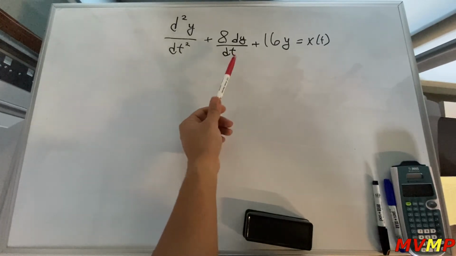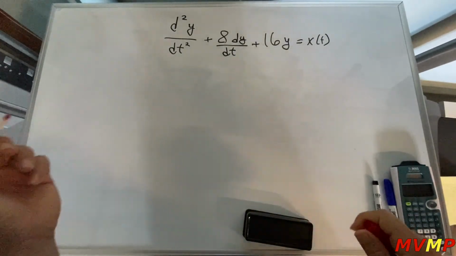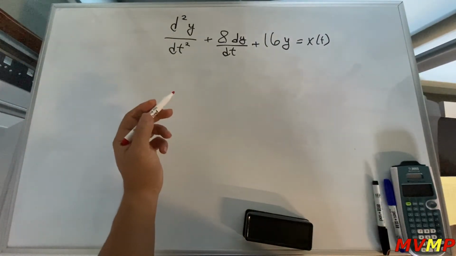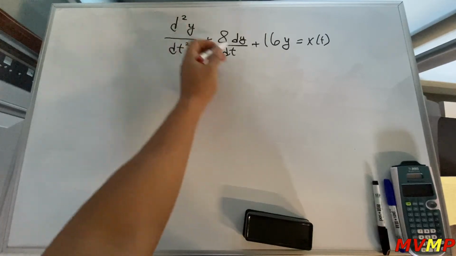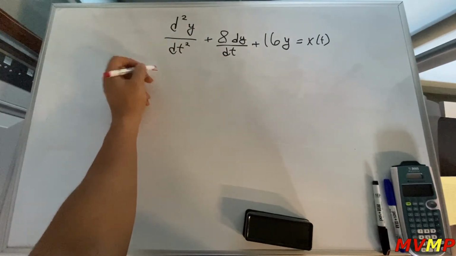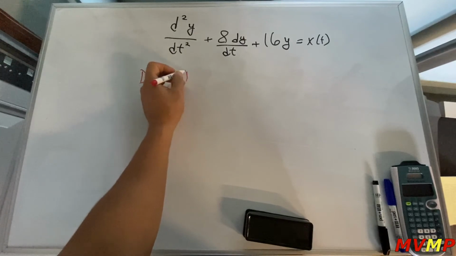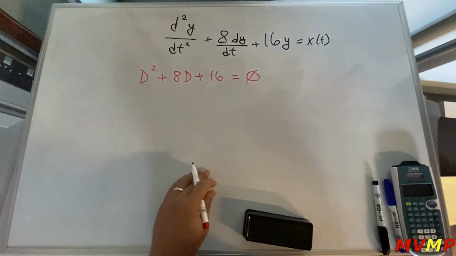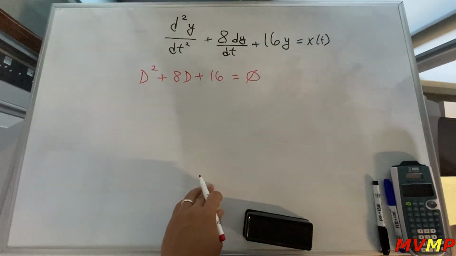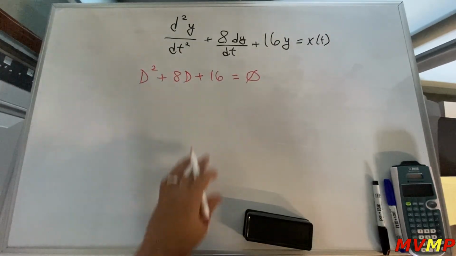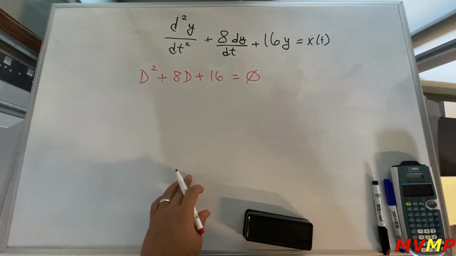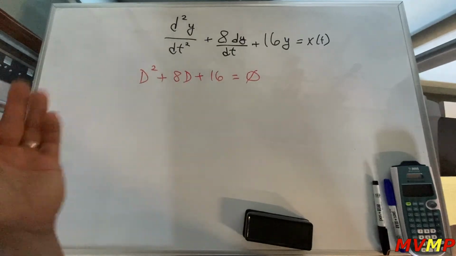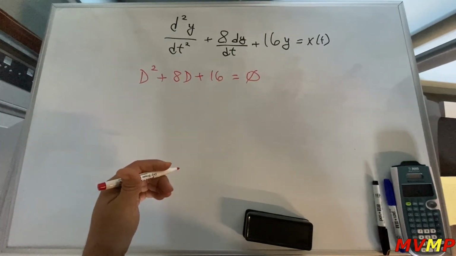So the first step into solving this differential equation is first you're going to set up the characteristic equation, which you just look at the powers, and it's just D squared plus 8D plus 16 equals 0. So that's your characteristic equation, which you would have seen a lot during your control systems when you are looking for overdamped, underdamped, and whatnot.